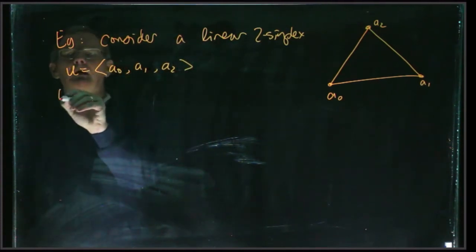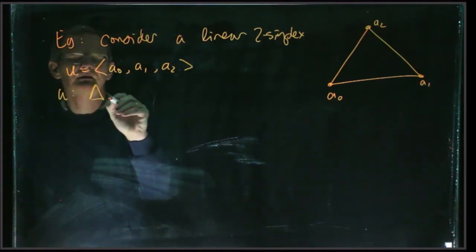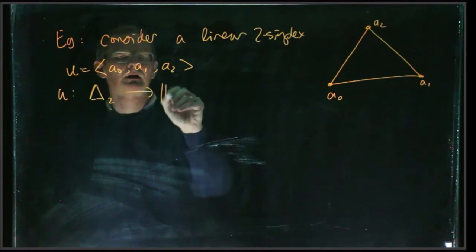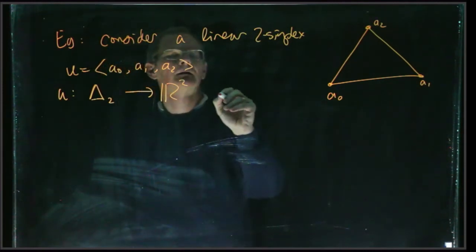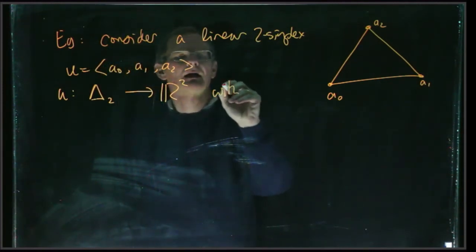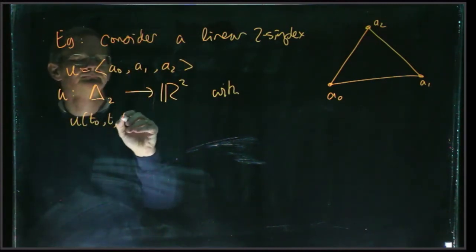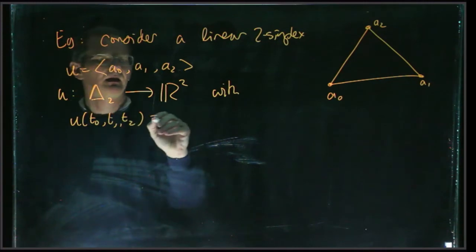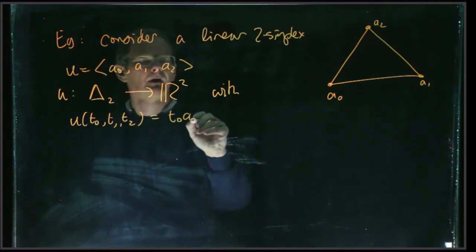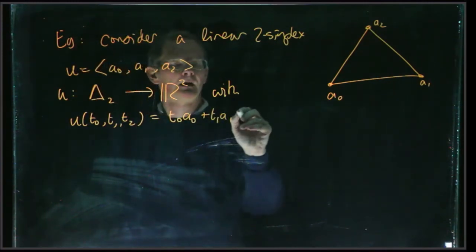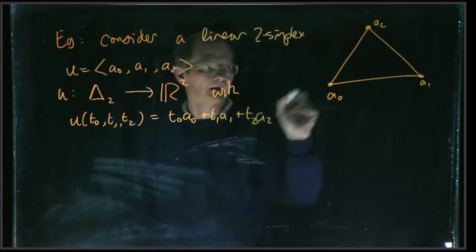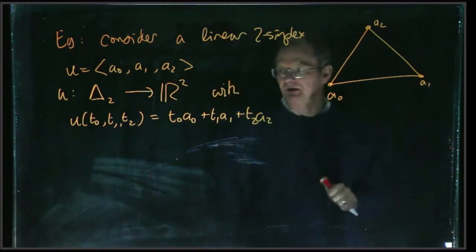This means that U is a map from the standard two-simplex delta 2 into the plane, and it's defined by U of T0, T1, T2 is T0 A0 plus T1 A1 plus T2 A2. Okay, that gives you this triangular picture here.